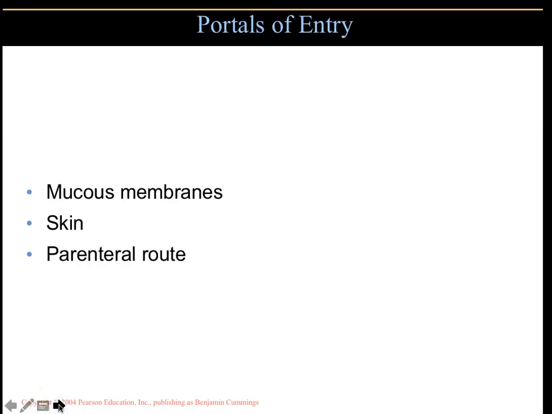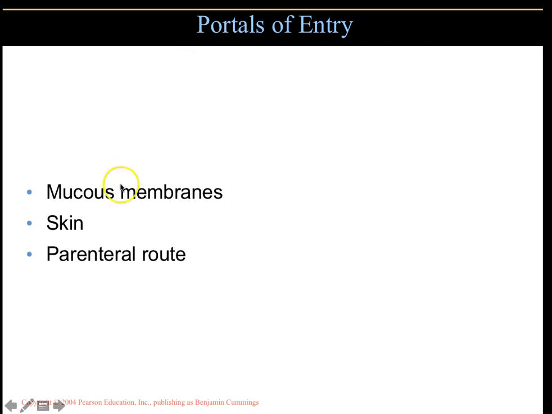Portals of entry. How can the pathogen get in the body? Mucous membranes. So if you inhale, let's say, infectious droplets, then the mucous membranes of the nose and the mouth, respiratory tract can readily become portals of entry.